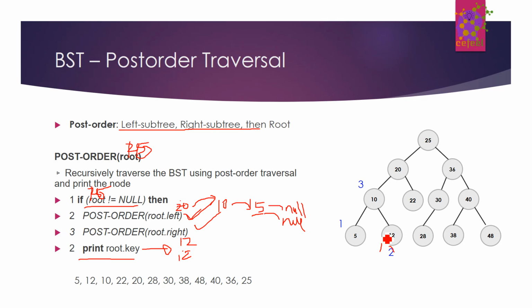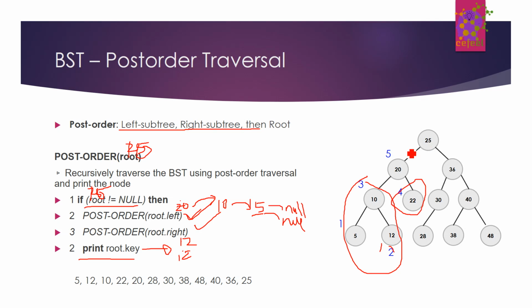And once 10 is printed, 10 will return back to 20, but then 20's left subtree is done, and 20's right subtree has to be traversed first, due to which 22 will be printed next. And finally 22 will return back to 20, wherein 20's left and right subtrees are done, due to which it will print 20.